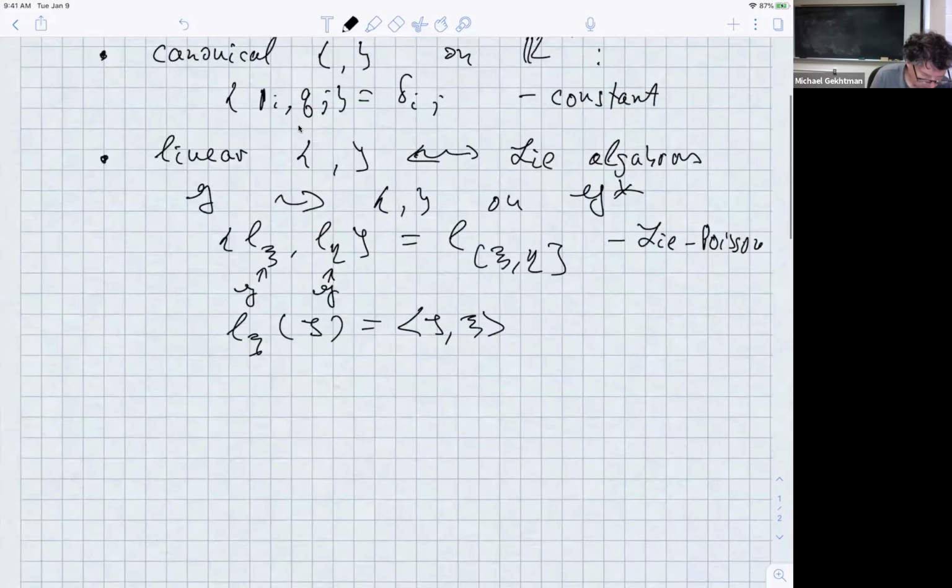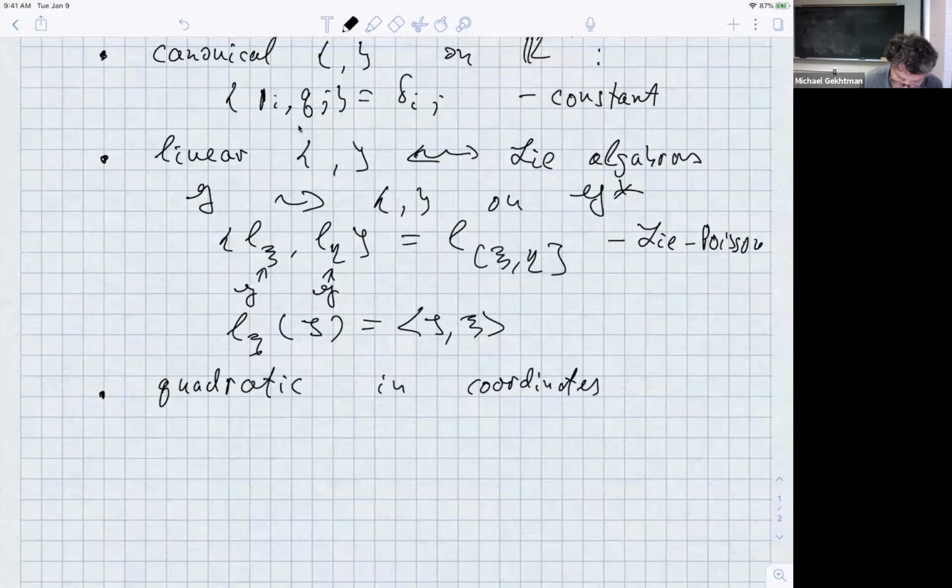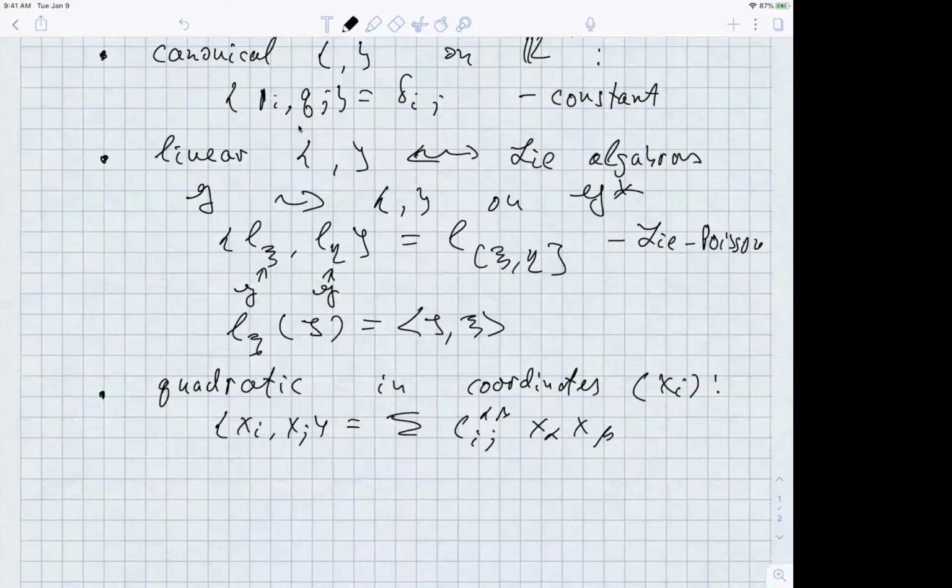And then the next case would be quadratic. So in some coordinates x_i, the bracket of x_i, x_j is a sum with some structure constants C_ij^{alpha beta} x_alpha x_beta, and this is already quite complicated, and there is no complete classification.